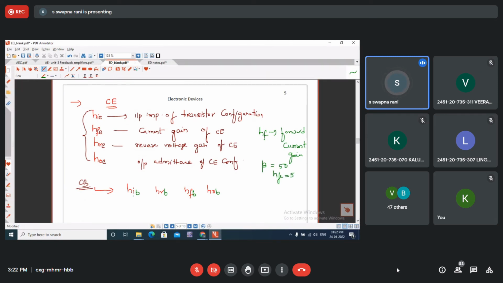So don't get confused. In the biasing problems, they may give you HFE equal to 50, and you may be surprised that we don't have any HFE in the biasing equations. We have only beta. So HFE is nothing but the forward current gain. The beta current gain is nothing but the HFE. So both are the same.